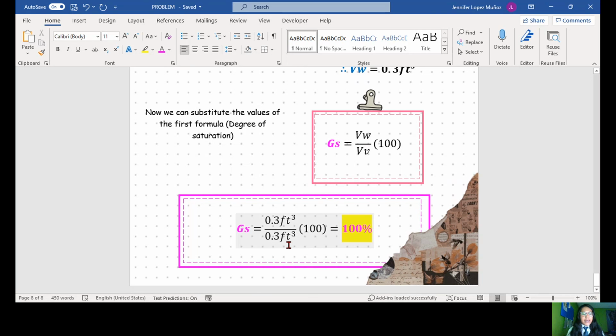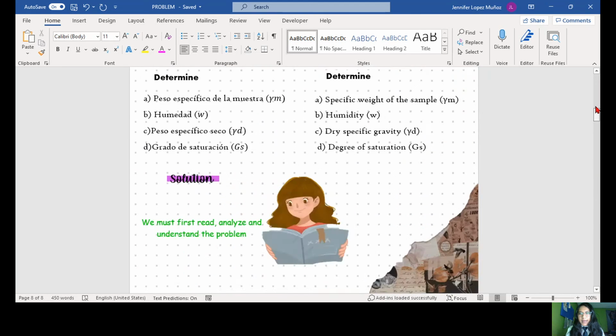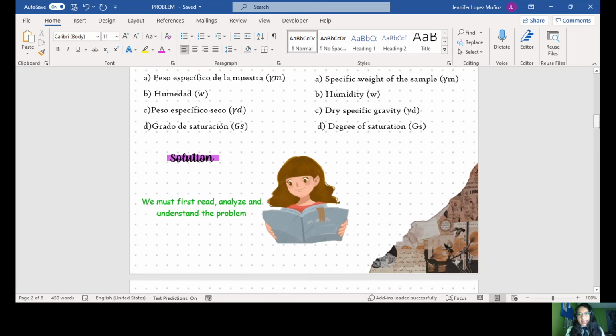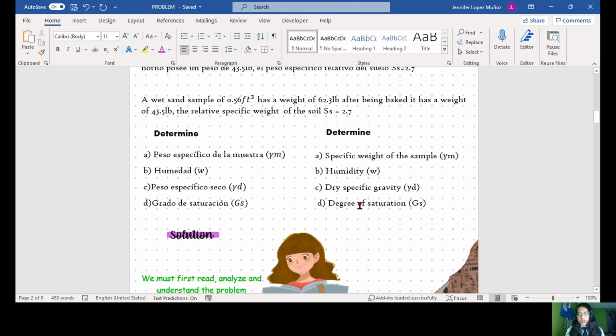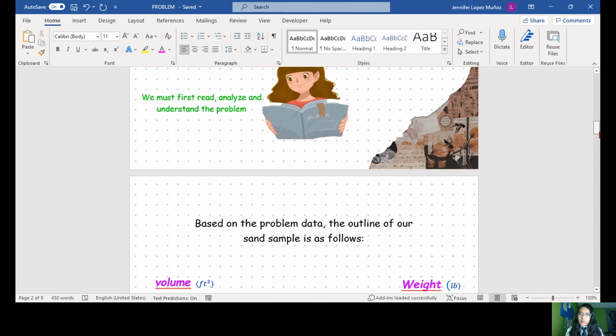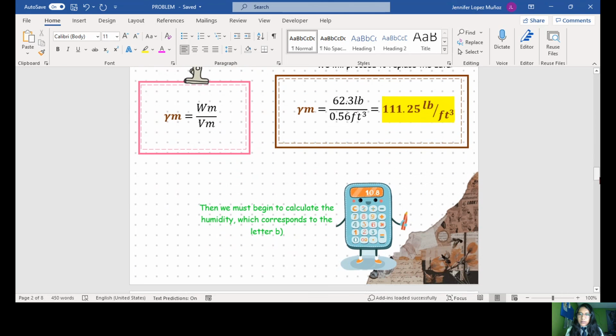So the degree of saturation is equal to 100%, because I have the wet sample. And these are the four results.